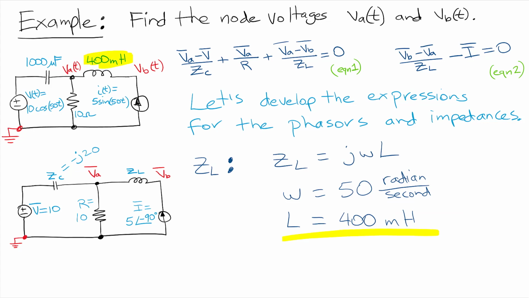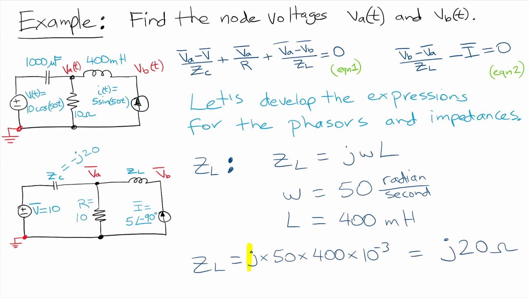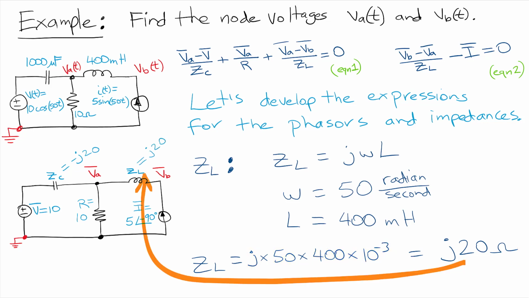So we plug into our equation: j times omega times 400 milli, and that works out to j20 ohms. Then we label that in our diagram.